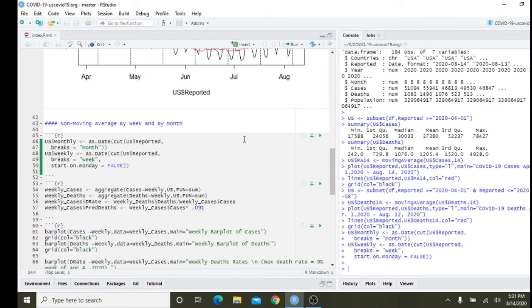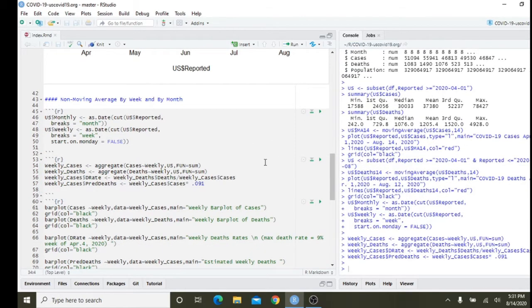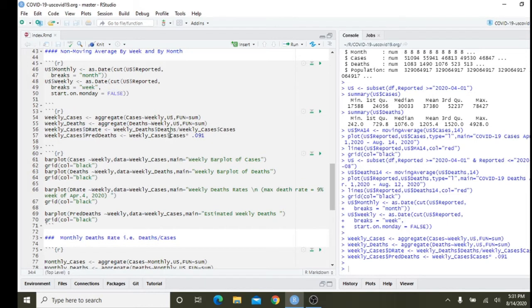So now we calculate the weekly, monthly numbers, do an aggregate for weekly, monthly, and also calculate the death rate. The number of deaths based on the maximum rate of death, which is 9.1%. Do a plot.